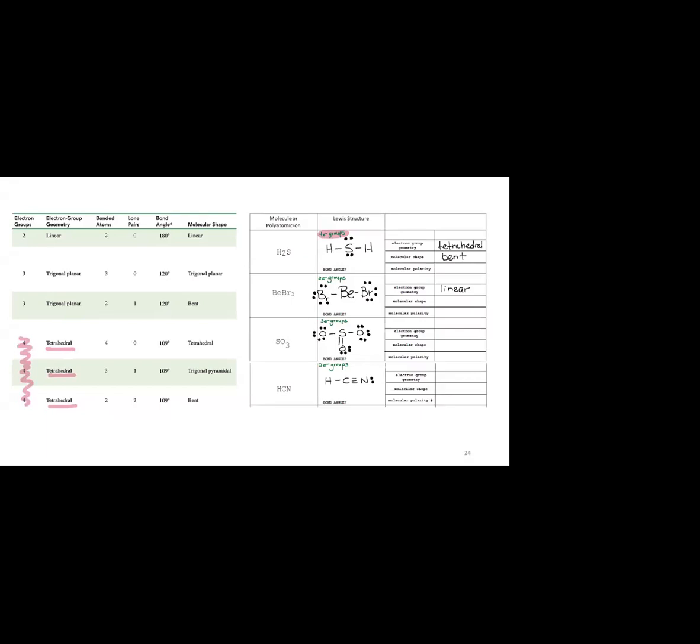What is its molecular shape? Excellent. Thank you. Also linear, because we can see here how if you have 2 electron groups, your electron group geometry is linear.